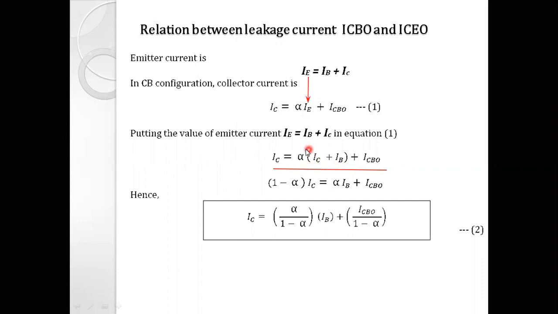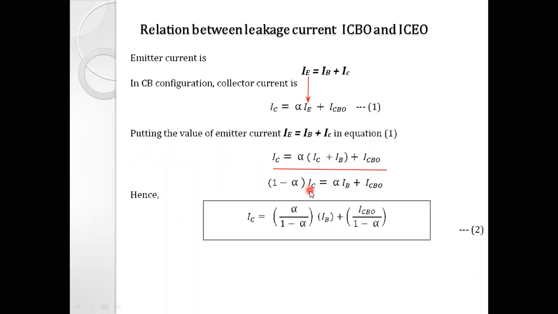When this term is sent to the left hand side, IC is present there too, and when IC is taken common, on the left hand side we have (1 minus alpha) into IC, and on the right hand side alpha IB plus ICBO as it is.